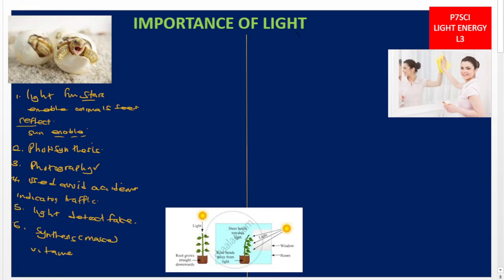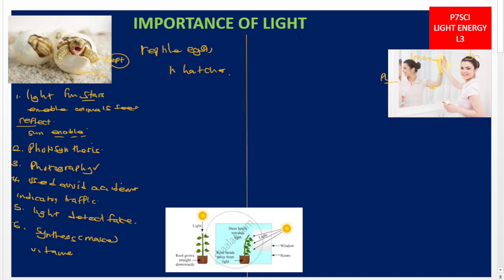When you look at this, this is an egg hatching and this is a reptile coming out. This means that heat and light from the sun enables the eggs of reptiles to hatch into young ones. Now when you look at this one, this is a plain mirror and this is a beautiful lady cleaning it, but what are you seeing over here?